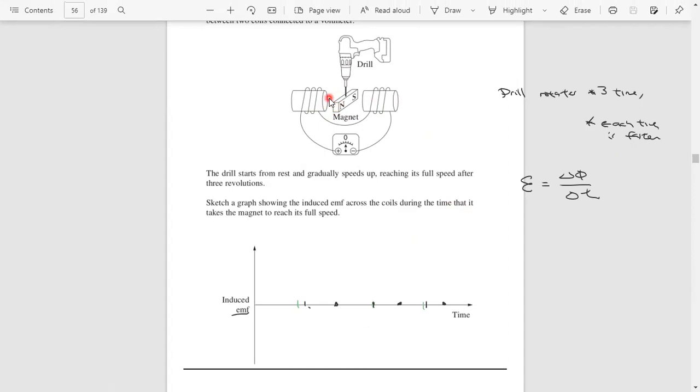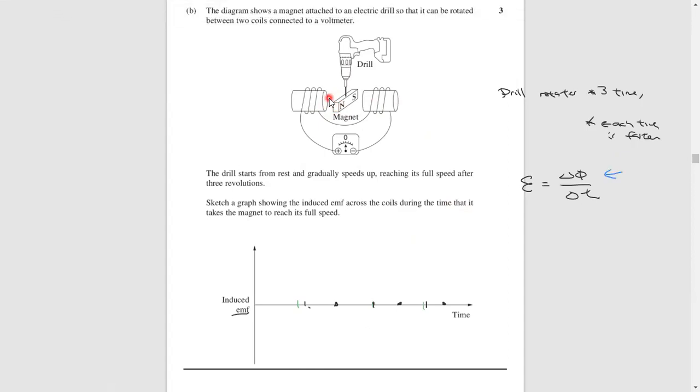So your numerator is essentially not changing. This numerator is essentially constant. For every turn, that numerator is constant. But we recognize that your delta T is changing, right? Because you're spinning faster. So this is decreasing. So if you've got a numerator that's the same, but a denominator that is getting smaller, then that means this is increasing.